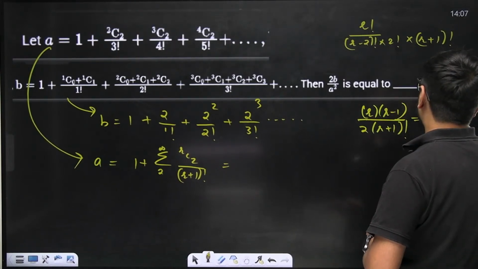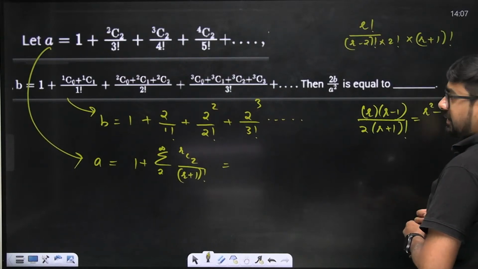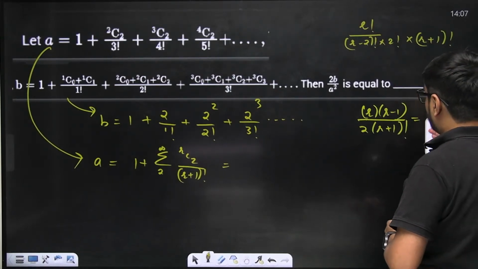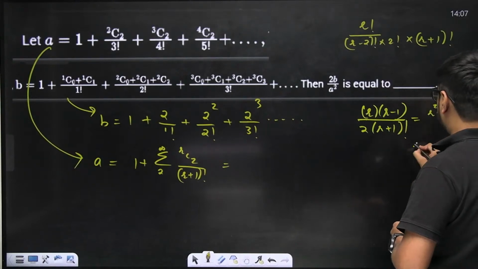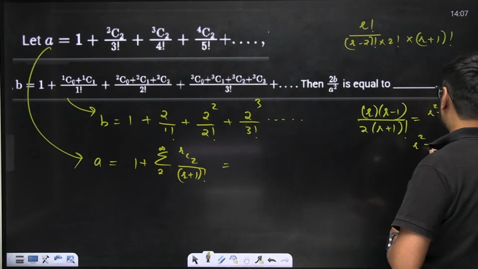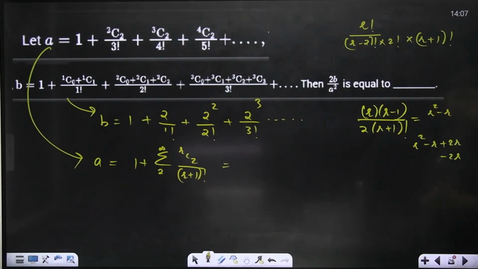R square minus R. If I create a 1 over here, then what can I do? R square minus R plus 2R minus 2R. If I'm doing so, I'm getting R square into R minus 1.